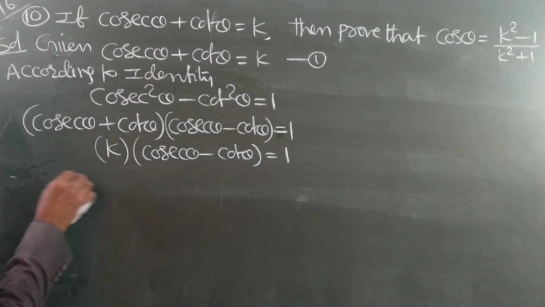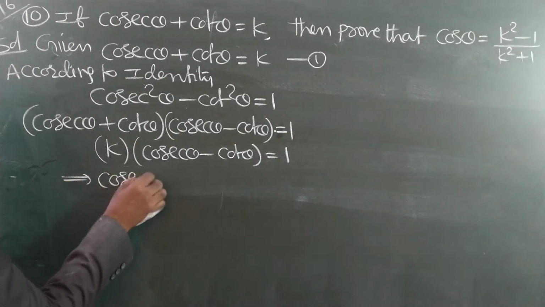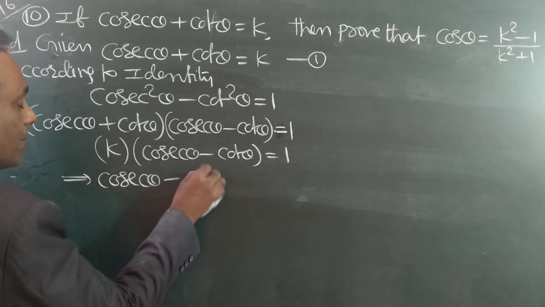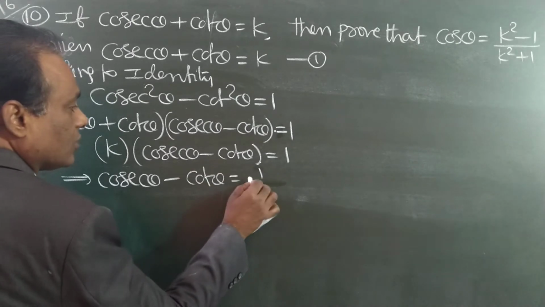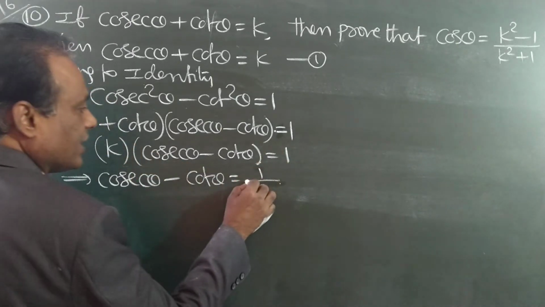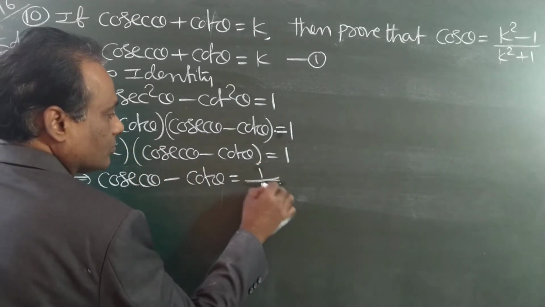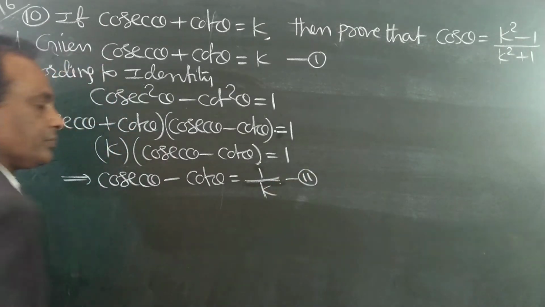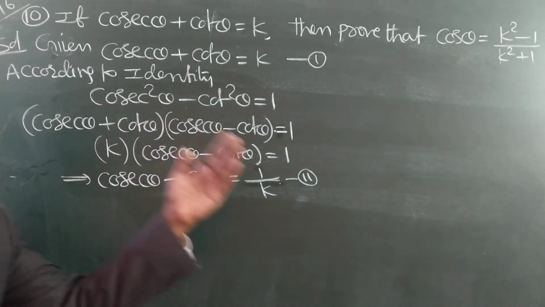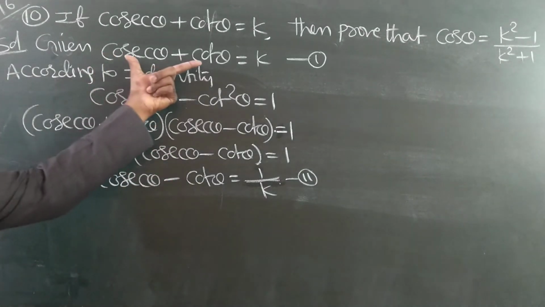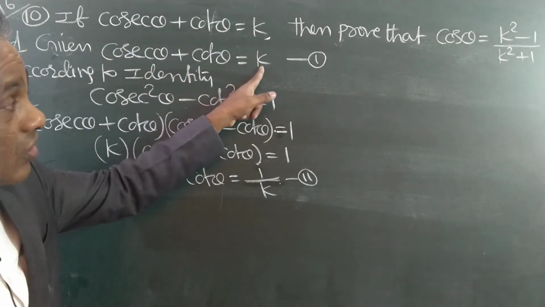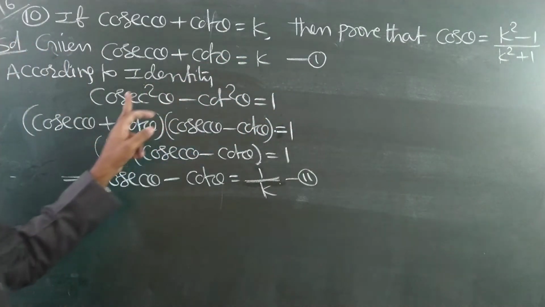Same like the previous problem, we just completed that. Then cosecant theta minus cot theta is equal to 1 by k, on the right side it will be in the denominator. Up to here we completed in the previous problem, but it was in secant and tan. Same process.